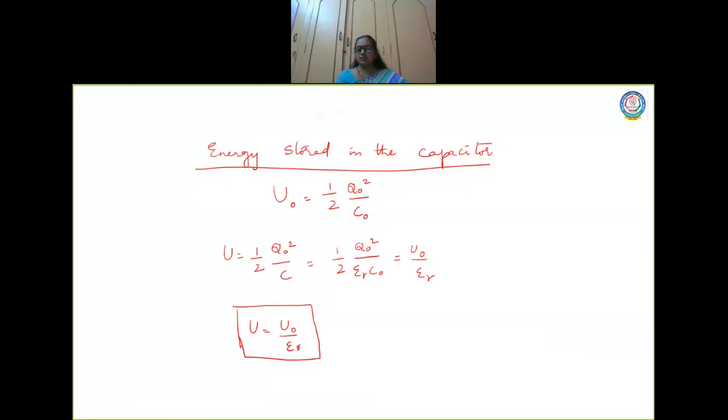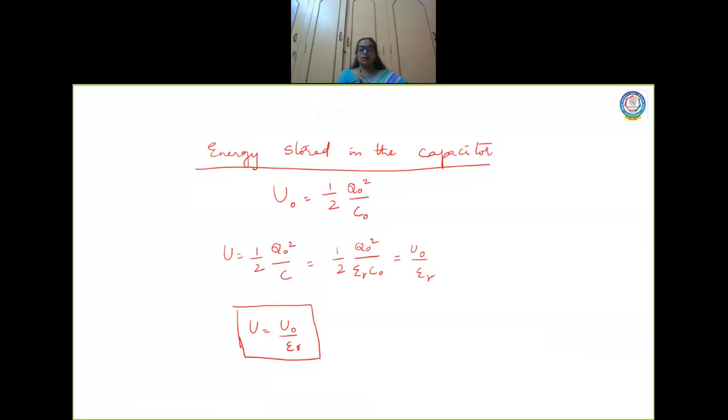The energy stored in a capacitor in the absence of a dielectric is given as U naught. U is the energy stored in a capacitor when a dielectric is introduced between the plates.